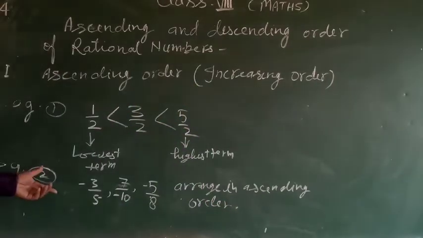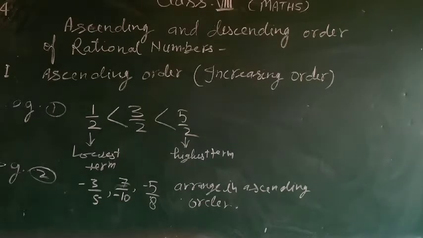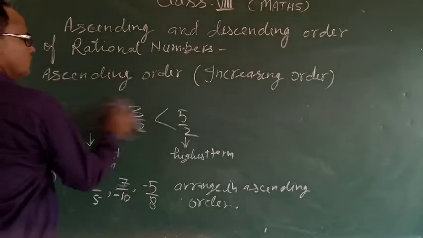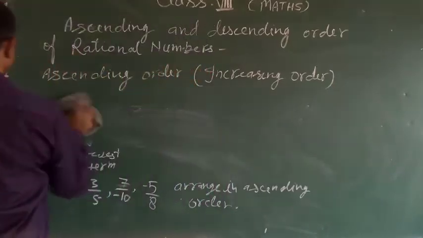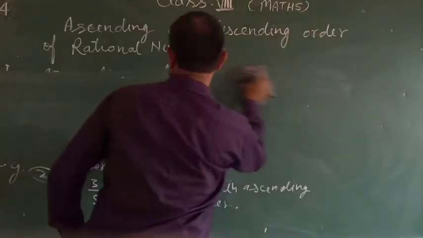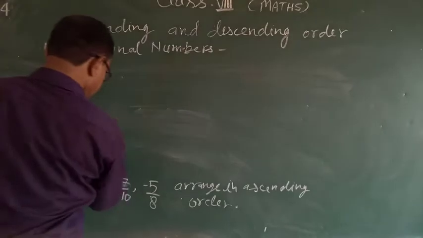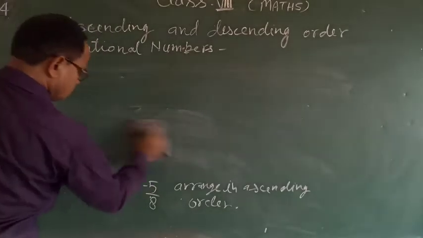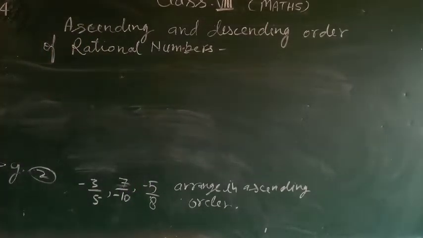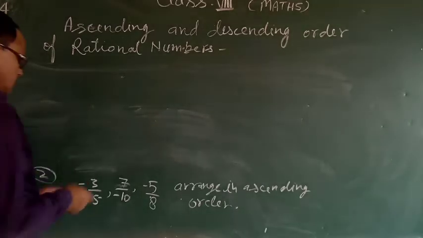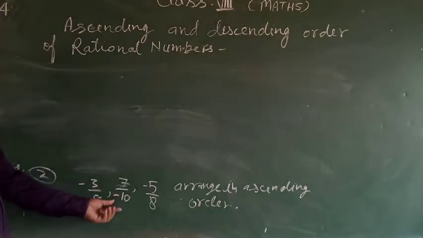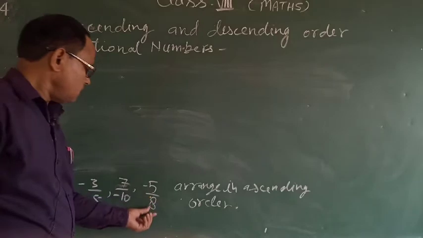Arrange in ascending order. Okay, students? Here: minus 3/5, 7/-10, minus 5/8.